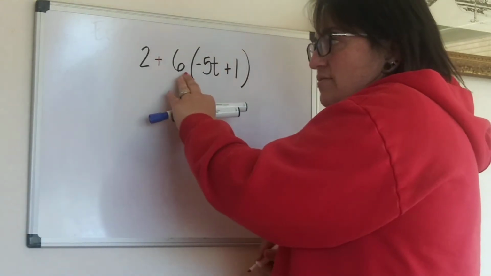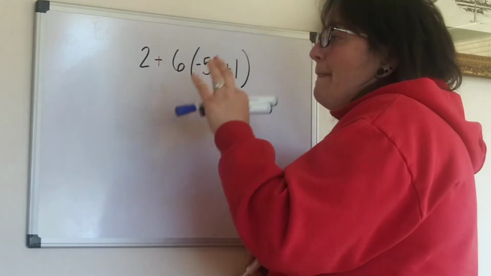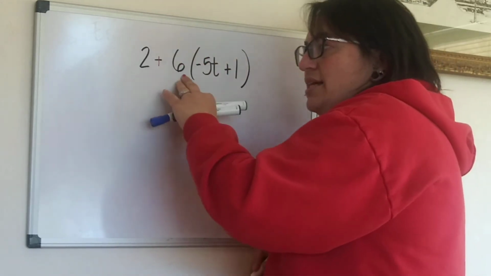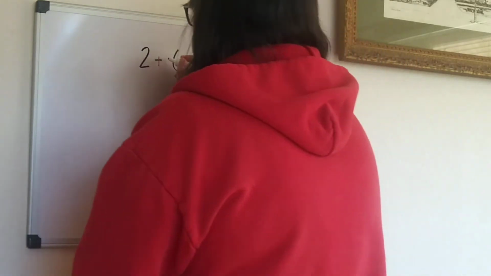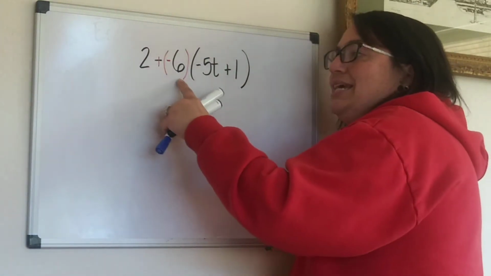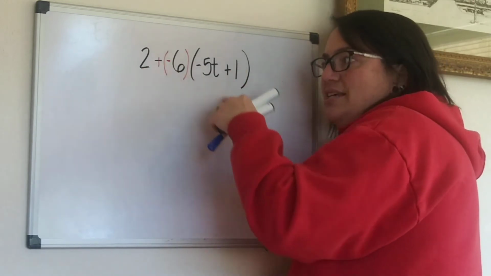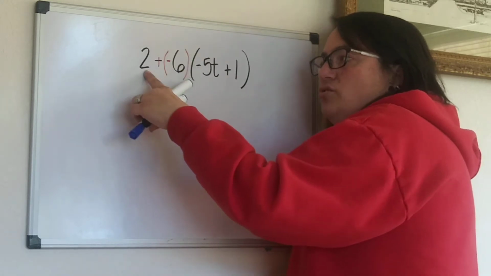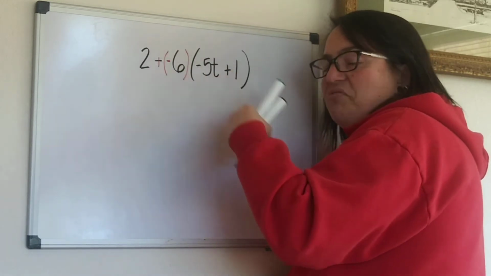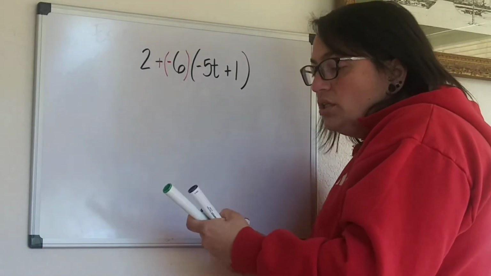So it's positive right now, right? When it was -6, it was minus +6. But now we're going to change that to plus and switch this to negative. So now technically 2 plus -6 times all this stuff is the same as 2 minus 6 times all this stuff. It ends up being the same. So for me, this makes it a little more comfortable.